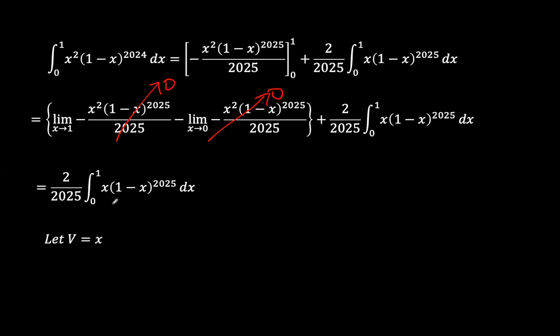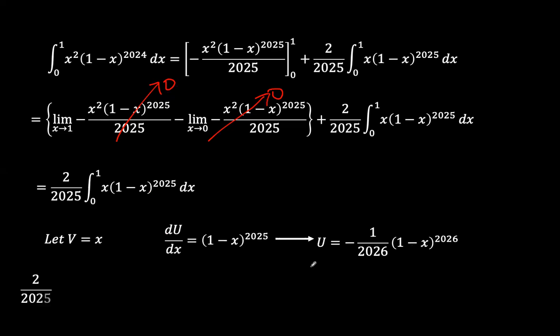Then again, using integration by parts by setting v equal to x, and then du being (1 minus x) to the power 2025, that means that u at this stage is negative 1 over 2026 times (1 minus x) to the power 2026.